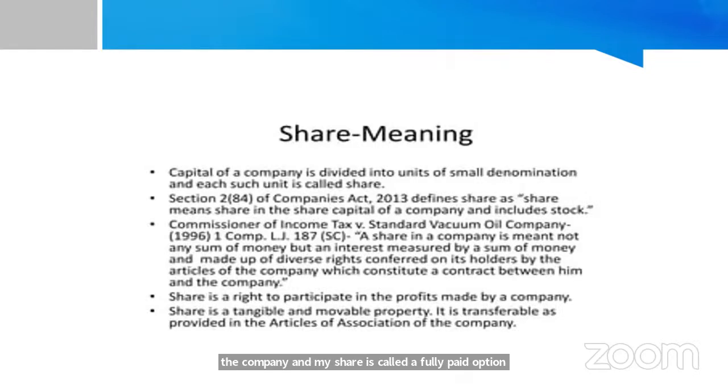So when the company combines the fully paid up shares of various members, as per the request of the members, and merges these shares into one fund, then such a fund will be called a stock. So what is a stock? Stock is nothing but a collection of fully paid up shares.